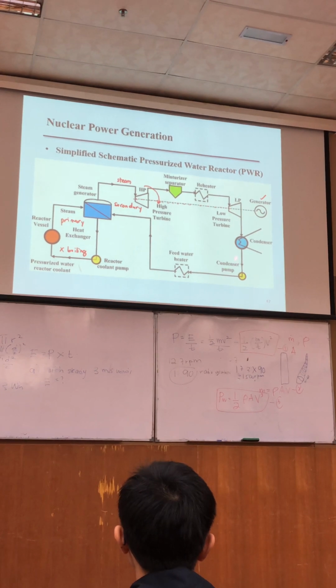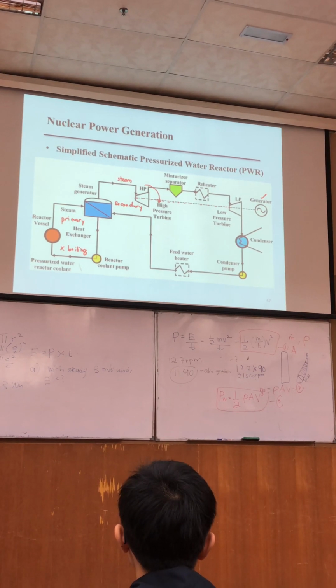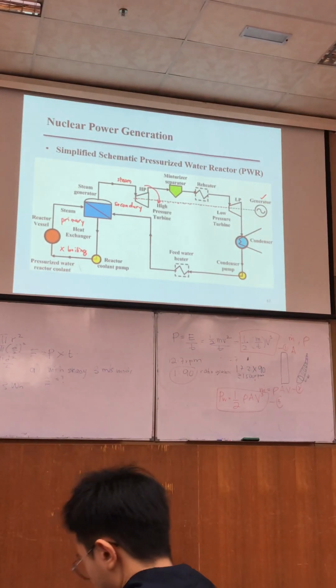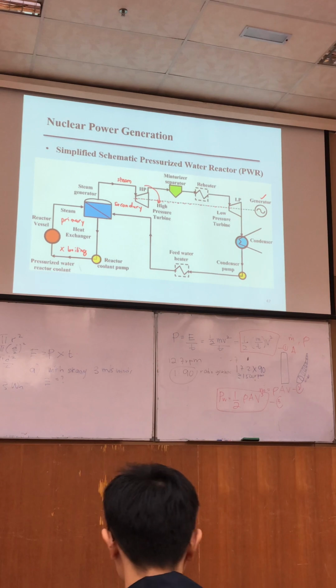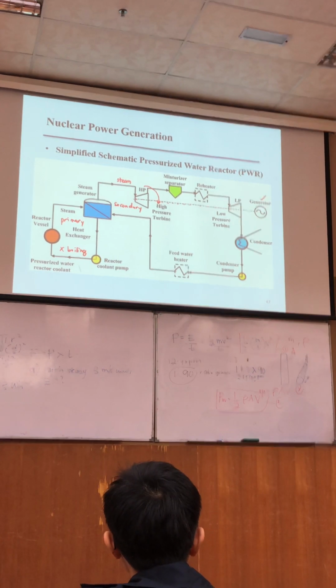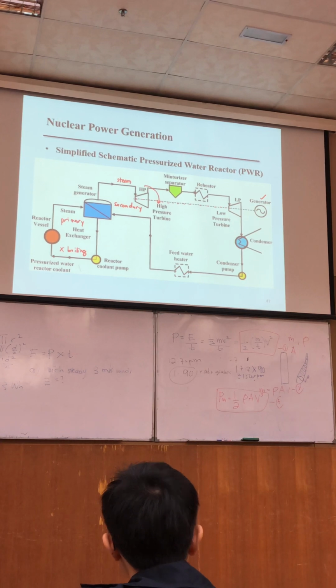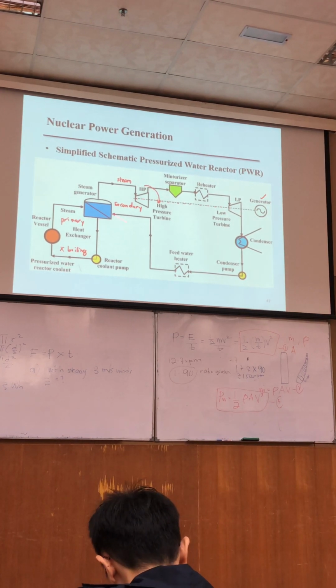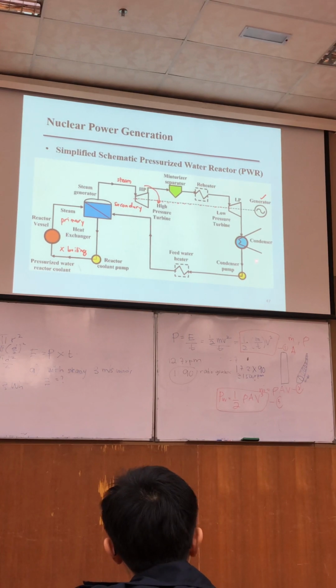Primary, secondary, and then tertiary system. The tertiary system is the third one, which is the condenser. The condenser converts steam energy to liquid. Clear? Boleh ikut kan? Can you follow me? There are primary circuit, secondary circuit, and tertiary circuit, which is the condenser here. So there are three different circuits.